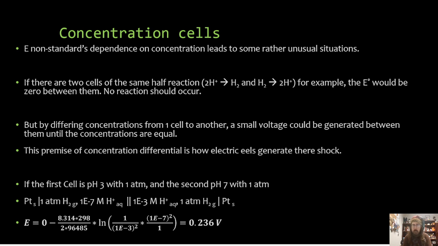Now, this is the basic idea of how electric eels work. This is also, in some ways, the way that mitochondria work. You're shuttling protons or electrons from one side to the other.